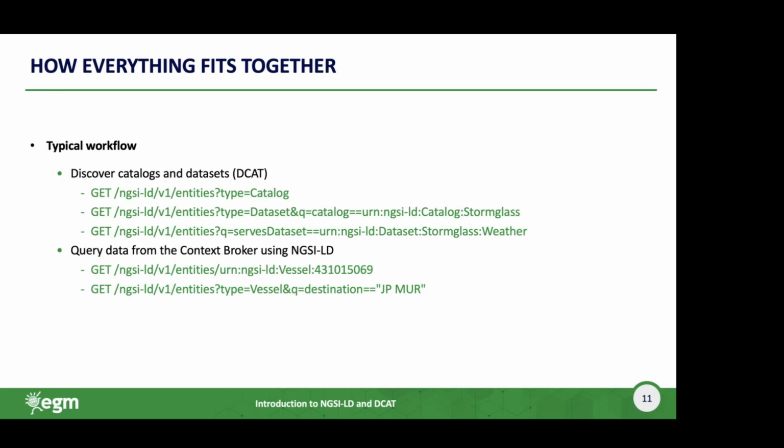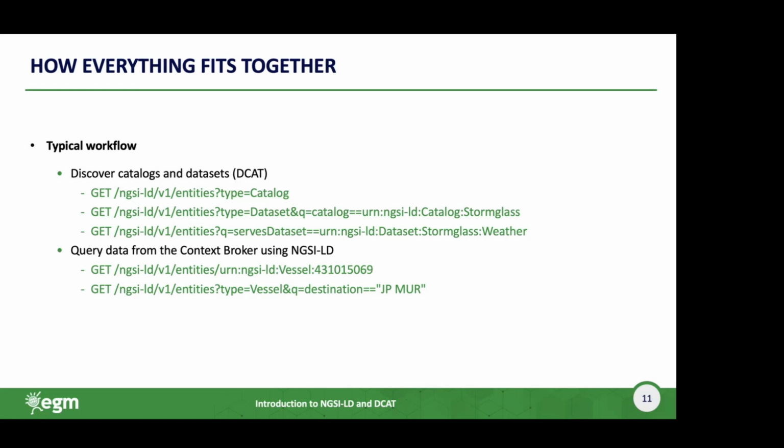With the second one, you can get all the datasets that belong to a specific catalog, the Stormglass catalog. And with a third request, you can retrieve all the entities that belong to a dataset called Stormglass Weather.